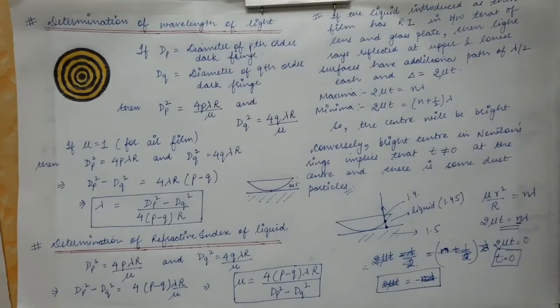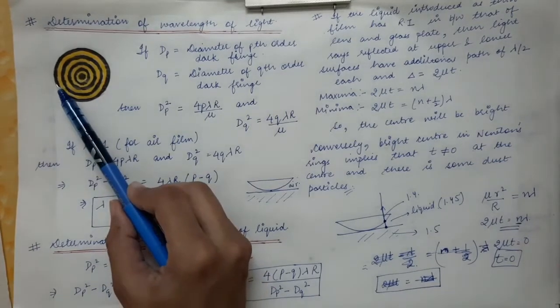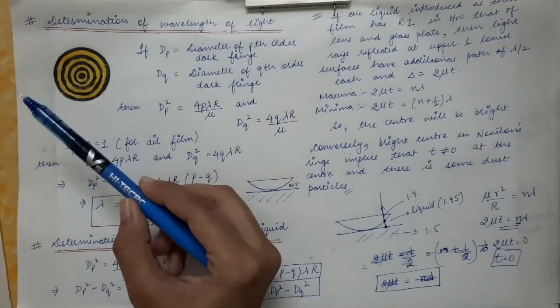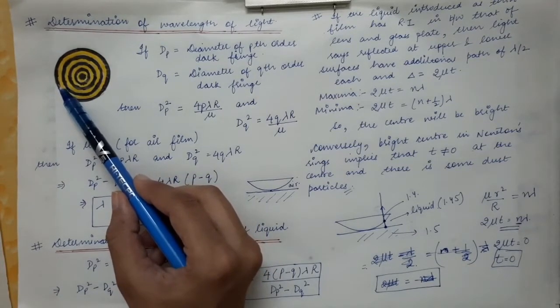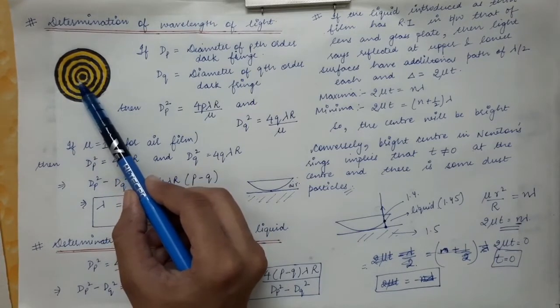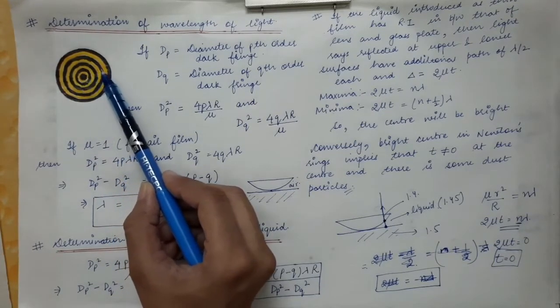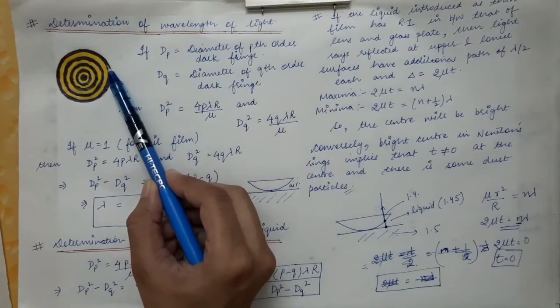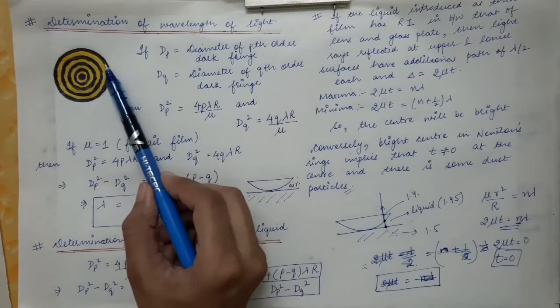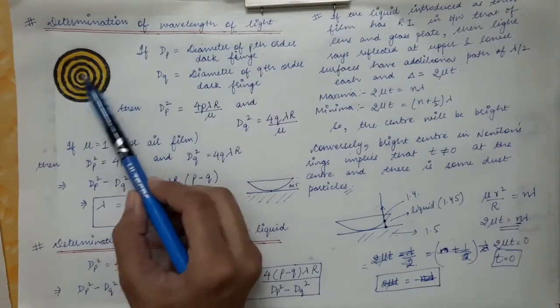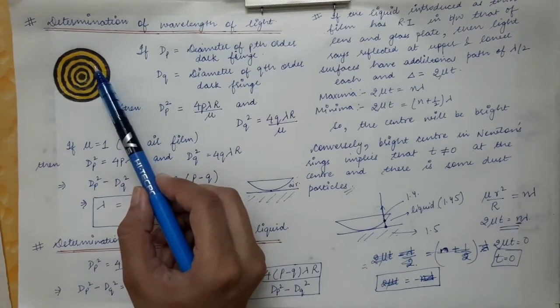a travelling microscope, and various scales are attached to this microscope so that we can find the distance between any two points. You find the position at one point, then move the travelling microscope, cross the central fringe, and read the final position at the other point.